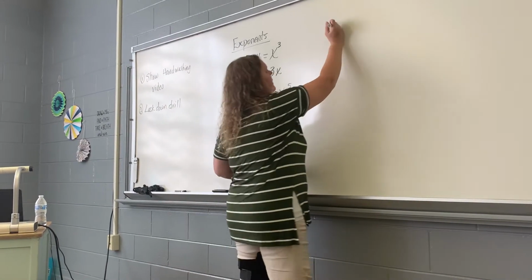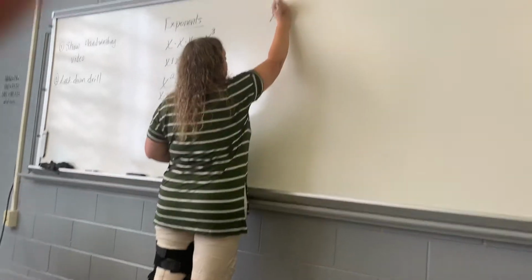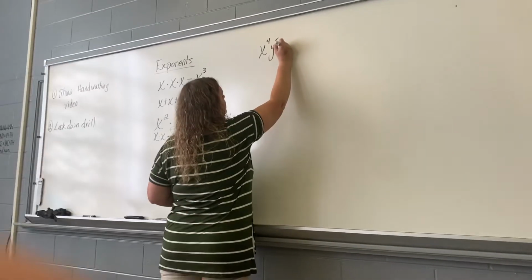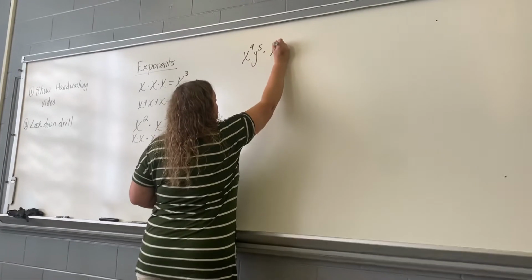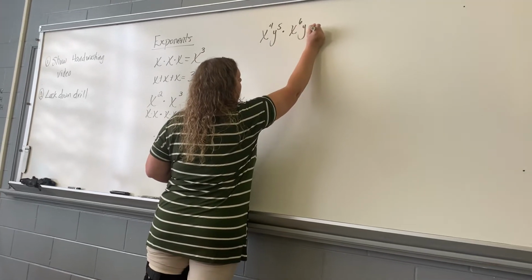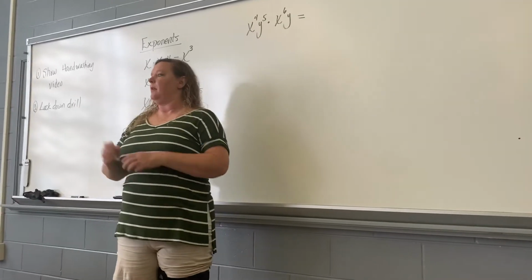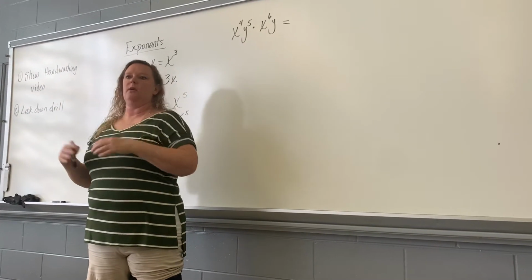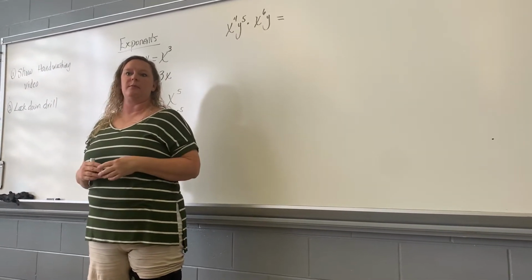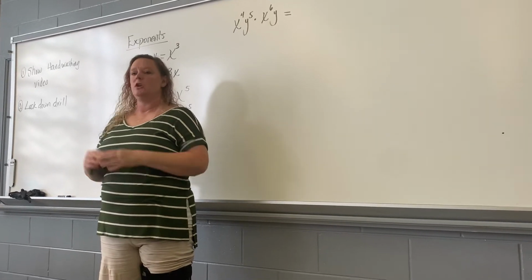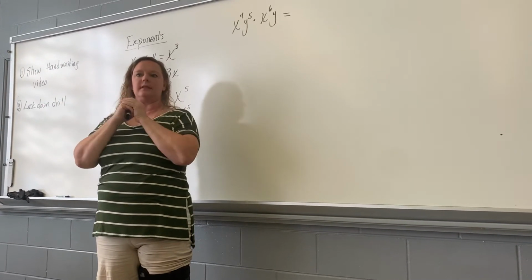So let's do another problem. What if I have x to the fourth, y to the fifth, times x to the sixth, y? What is the answer here? Can I put my x's and y's together and just say, oh, it's xy to the whatever power? No. You gotta keep your x's together and your y's together, right?